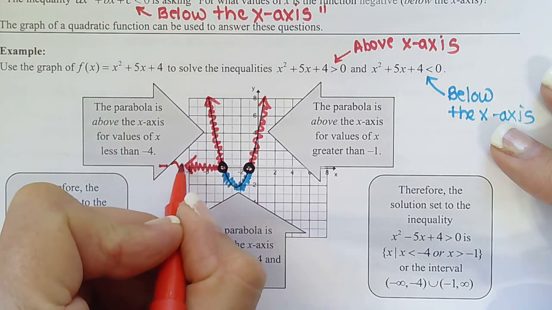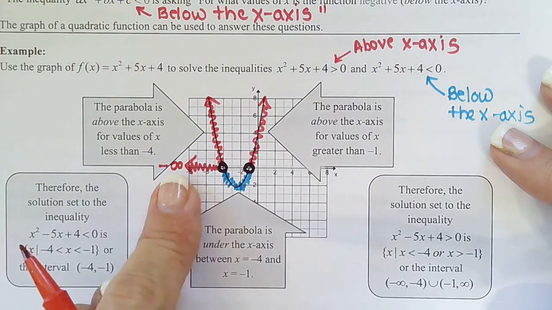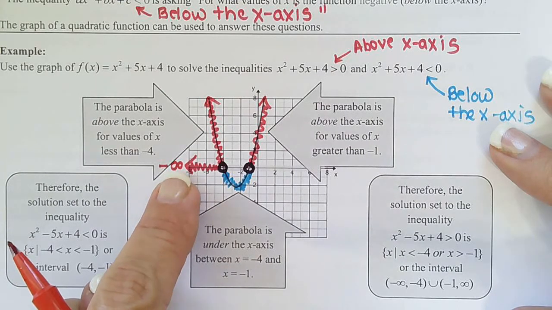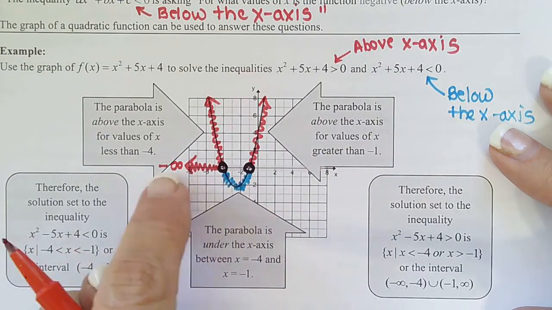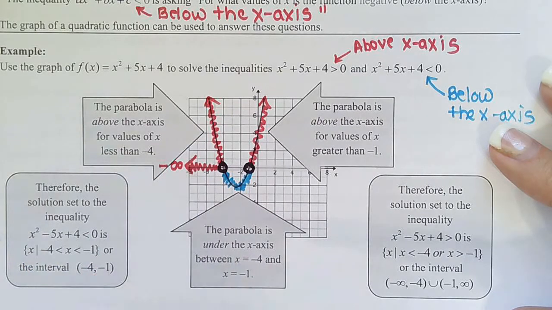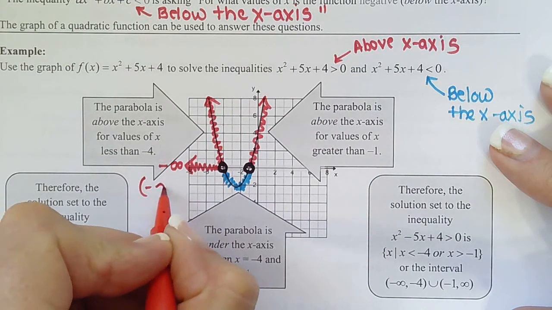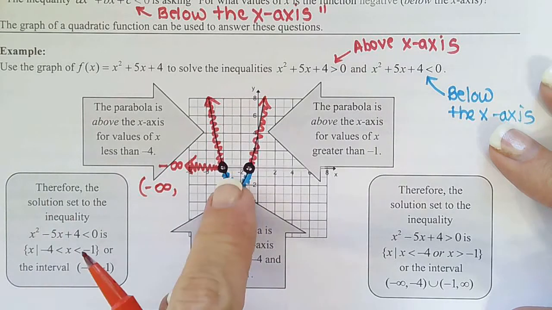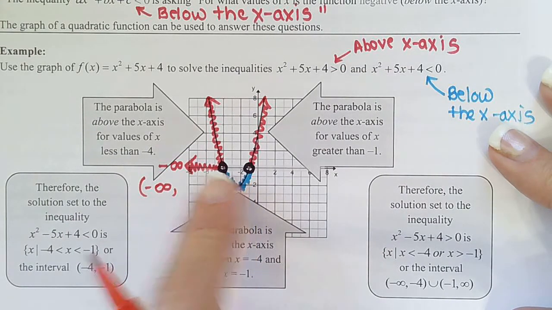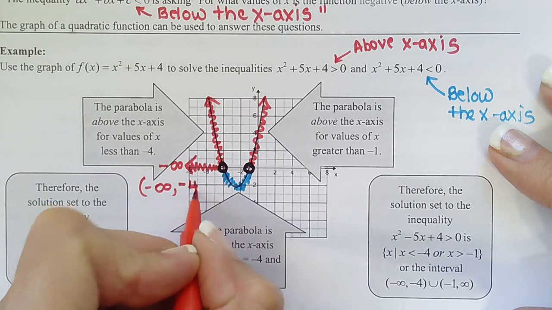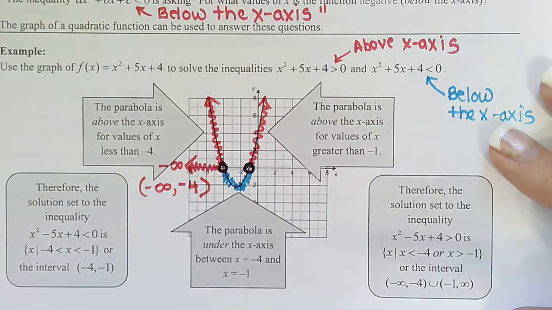Well, this is where you have to summon your knowledge from inequalities. You go from smallest to largest, left to right. So from -infinity to -4, and because there's no equal sign, it gets a parenthesis as well.